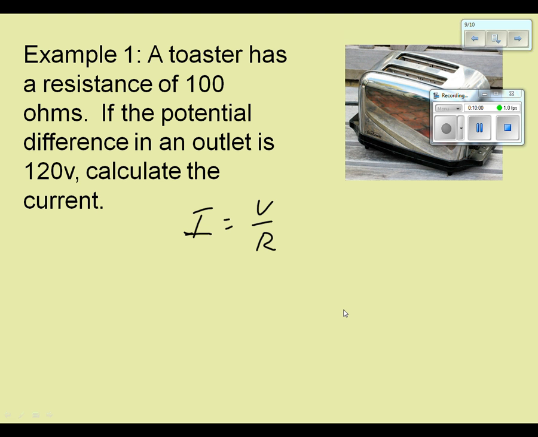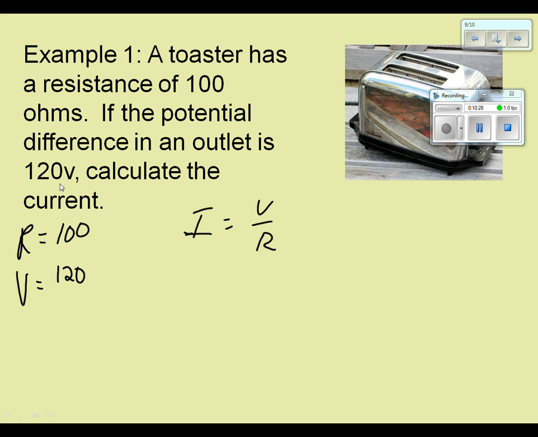Let's try that. Okay, a toaster has a resistance of 100 ohms. So I'm going to write R equals 100. If the potential difference in an outlet is 120 volts, that's what you get when you plug in your toaster at home, so V equals 120.